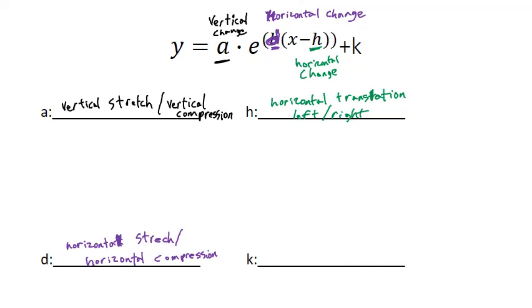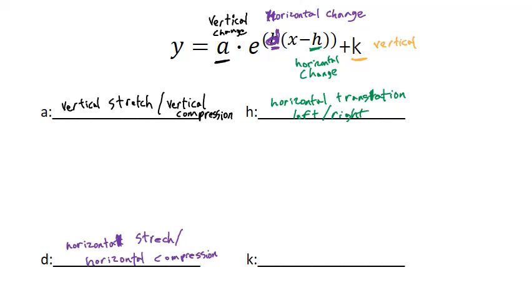And finally, let's look at what our k value does. So this is added at the end. So if you notice that it has to be something that is not directly affecting the x, it's something we do after we apply our exponential function, after we use our power basically.